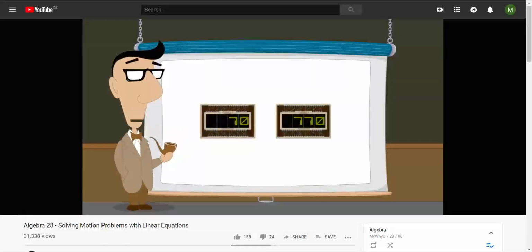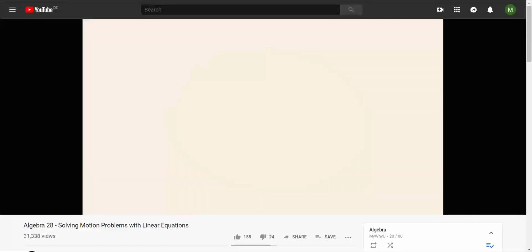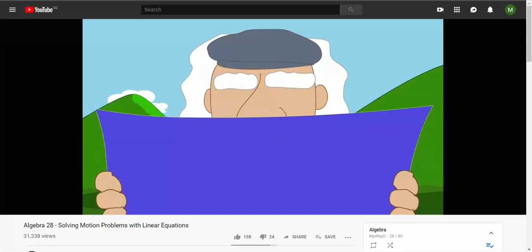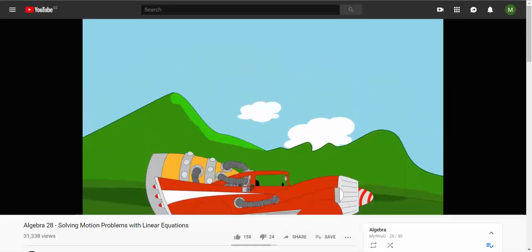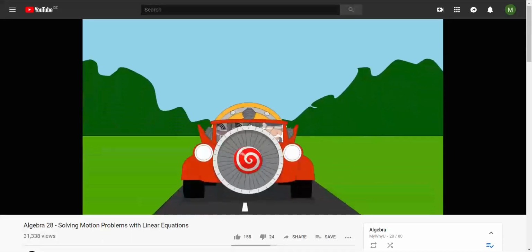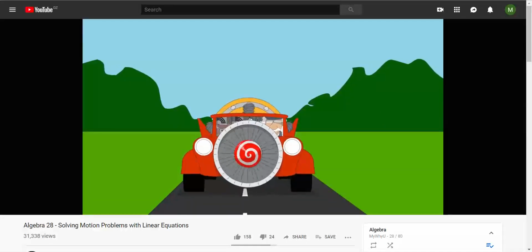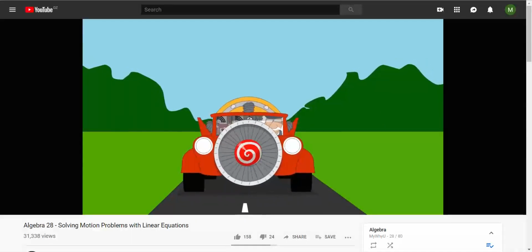For our last example, let's solve a problem involving a vehicle traveling at different speeds at different times during the same trip. Mr. Squidgiopoulos has developed a car which can transform into a high-speed flying machine. He decides to take his new vehicle on a test drive from Orlando to San Francisco.